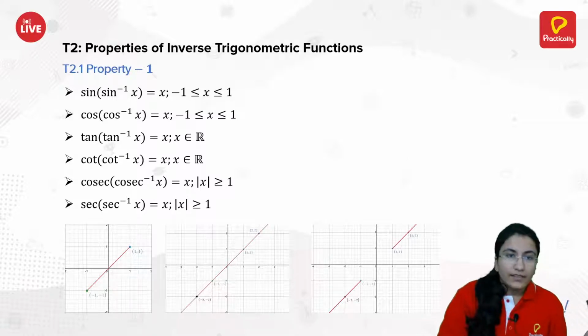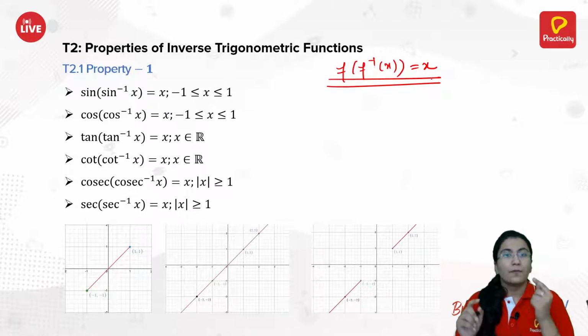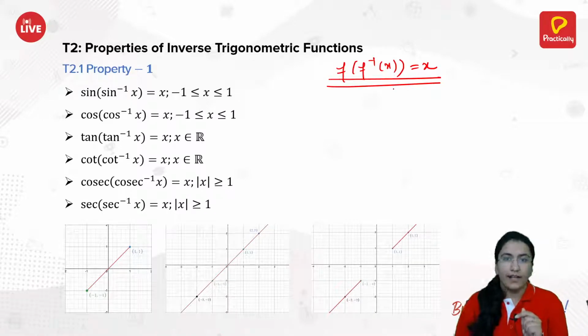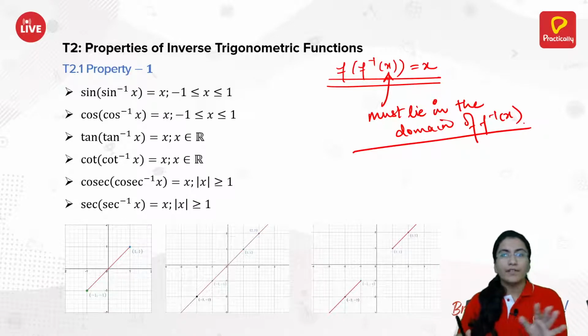Now, you need to remember that mostly f of f inverse x is equal to x, but for this condition to be satisfied, the value you are inputting must lie in the domain of f inverse x, right? If you remember this basic property, you can remember these 6 properties very easily. How? Let's just see.